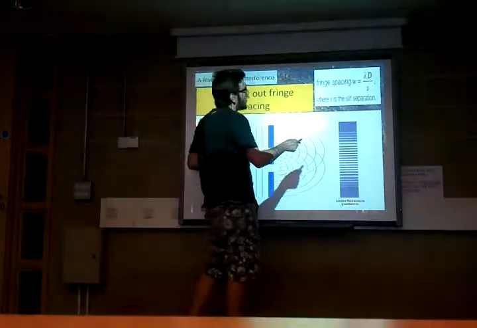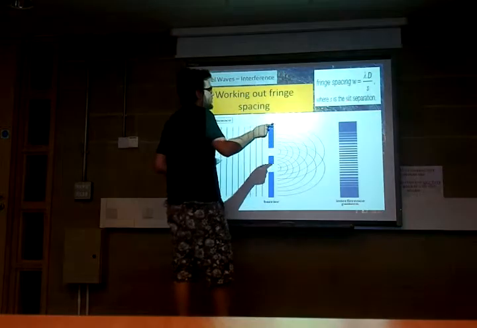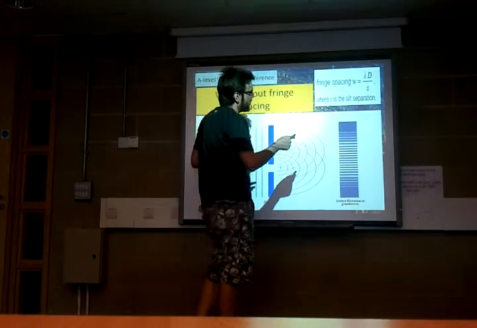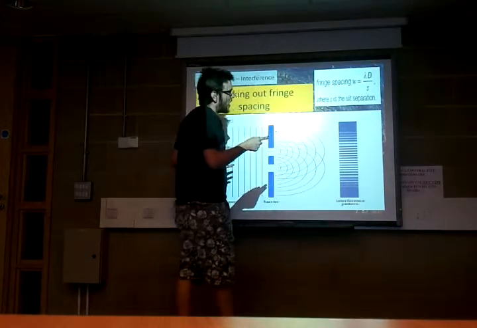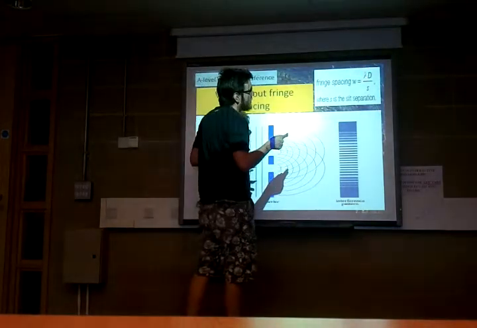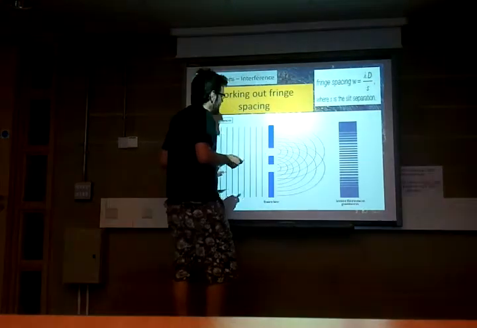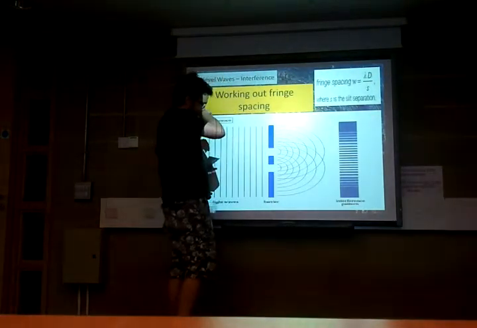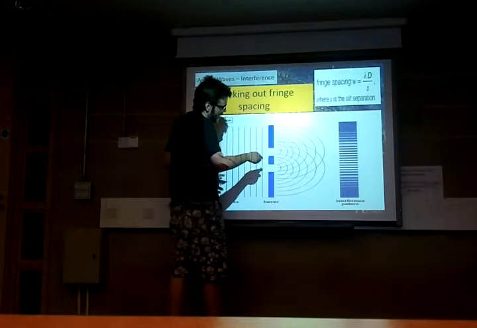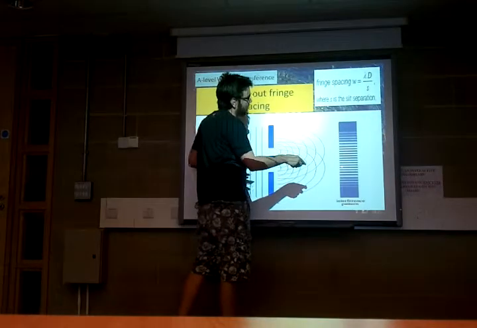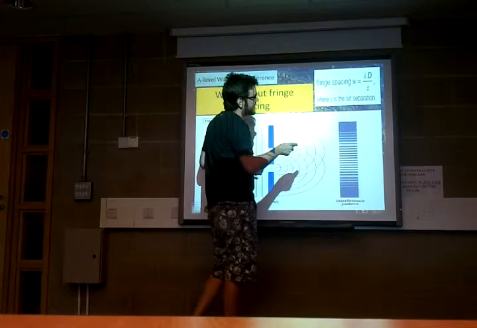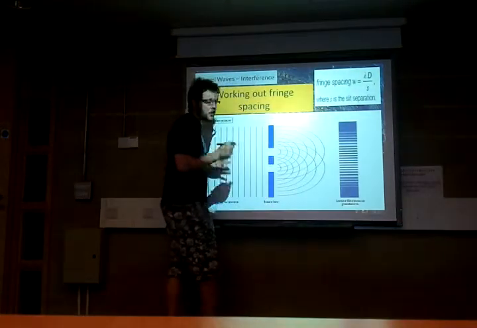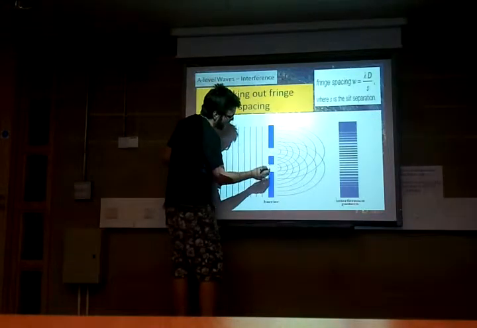So we've got our equation at the top here: fringe spacing, which is denoted by W, is equal to lambda, which is our wavelength, times by the distance from the slits to the screen, divided by S, and S is the distance between the two slits, so the distance from here to here.